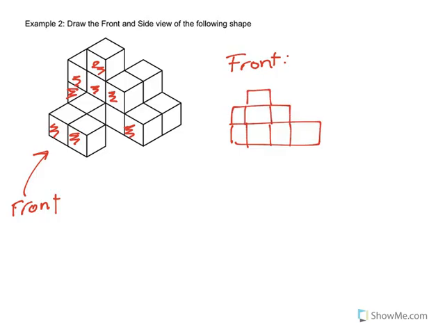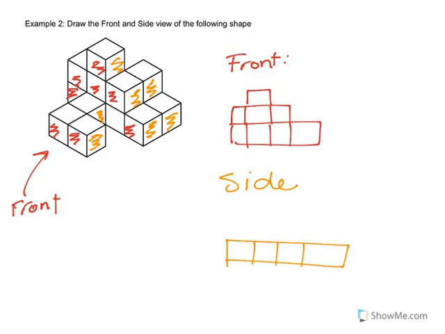So that's what we would look at if we looked at it from the front. If we looked at it from the side, we would see these faces, these, and this one. So this one also has 4 on the bottom. Then it has 2. Then it has 1, and it's right here. So that's how you would do a question like that.